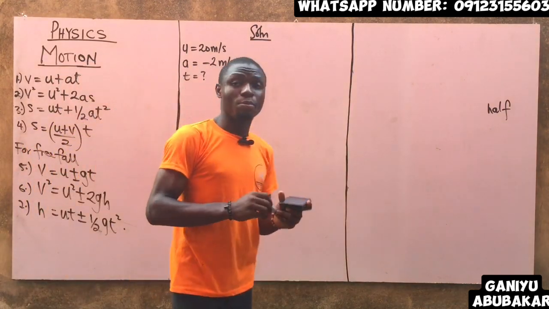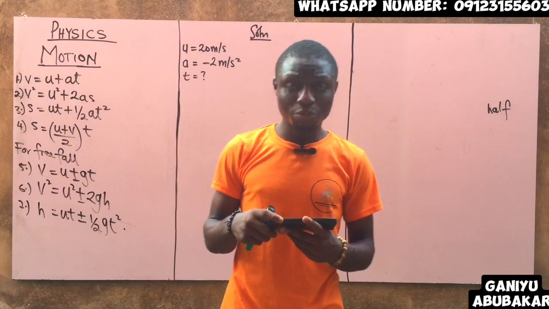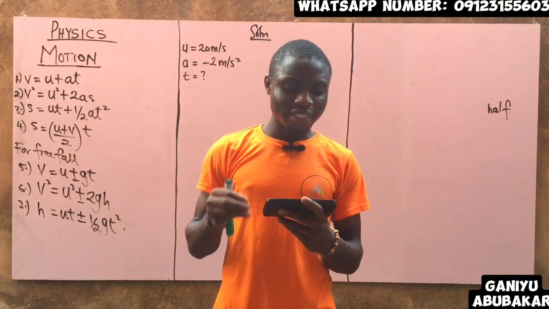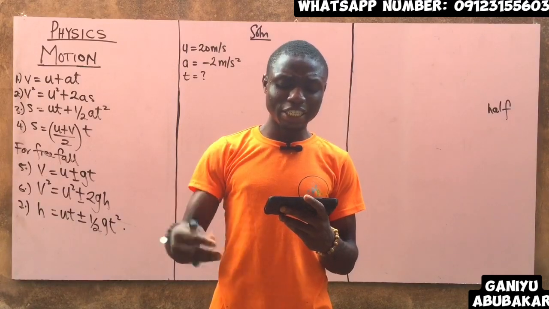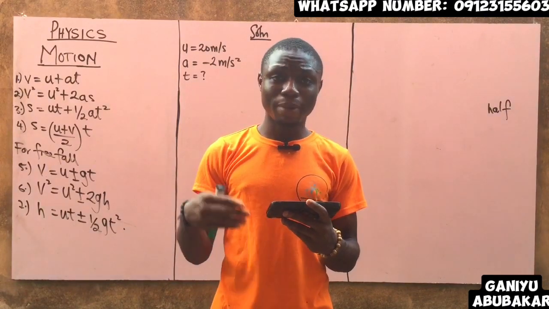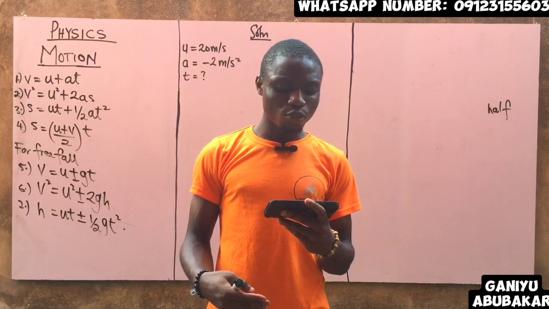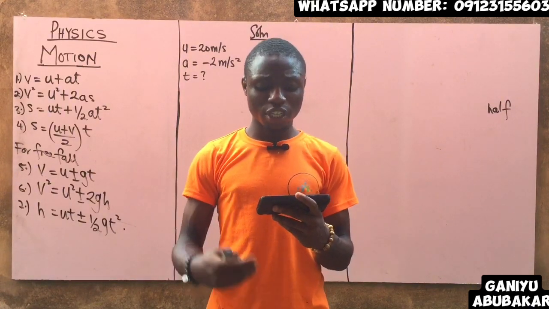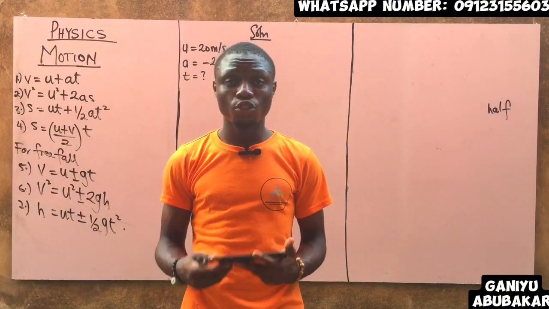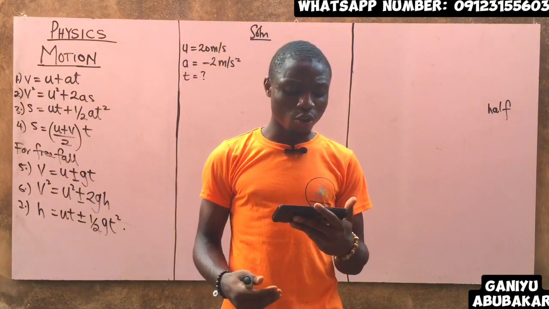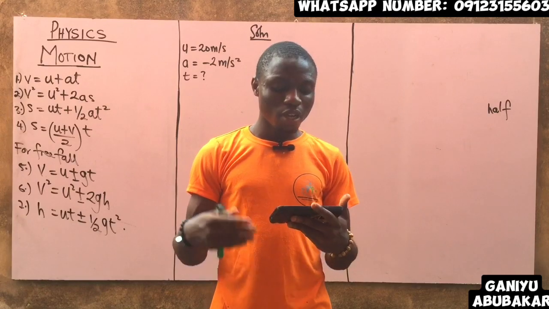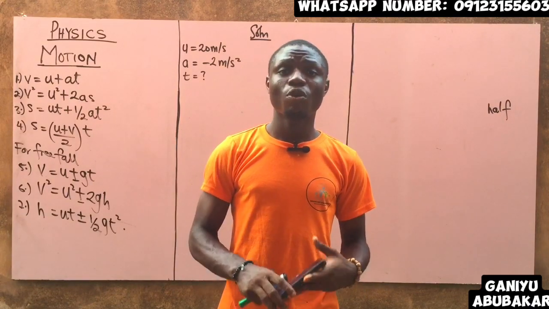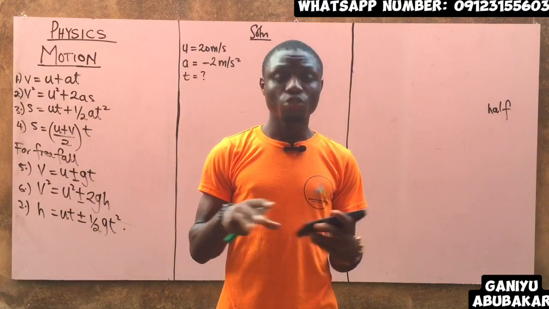Now look, I'm still given something in the question, but it's not actually stated there. Let me read the question again: a train with an initial velocity of 20 meter per second is subjected to a uniform deceleration of 2 meter per second squared. Calculate the time taken to bring the train to rest.